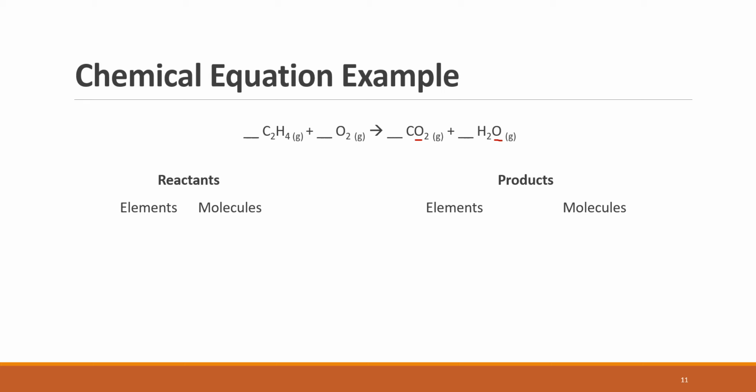So if you have an element such as oxygen in 2 different places on one side of the equation, balance that element last. It's going to save you a lot of trouble because usually it'll balance itself out after you balance the remaining elements. So here is the answer for this one.